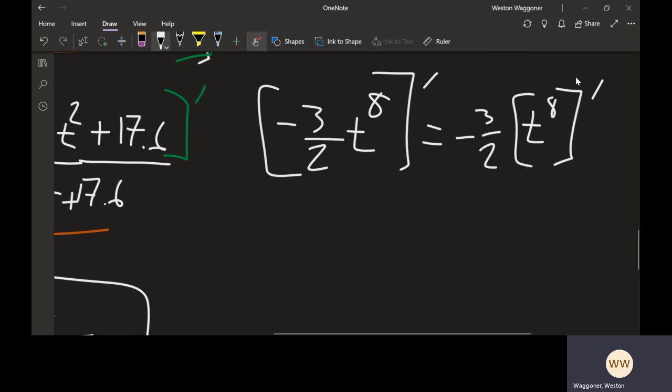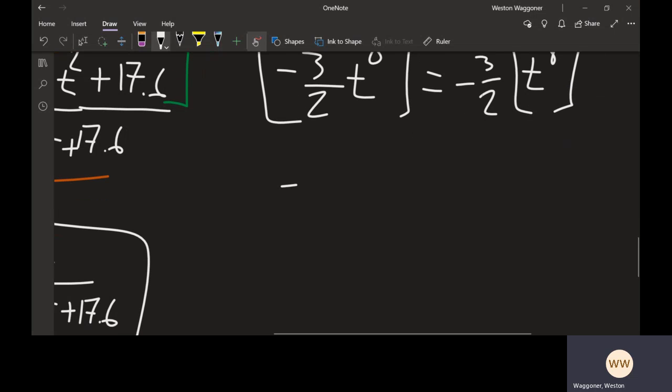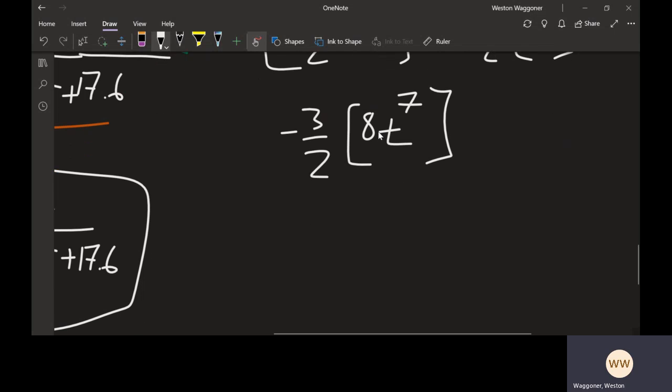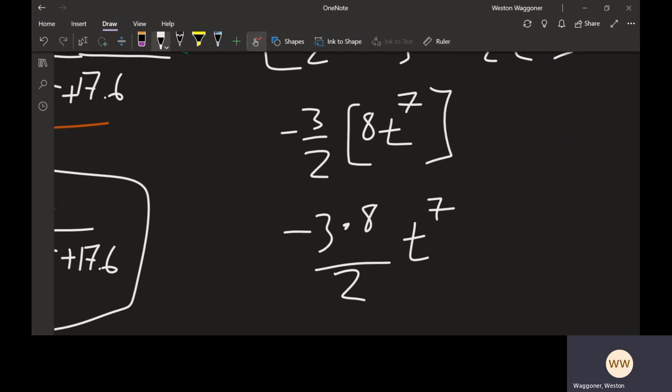So with this, what I was kind of saying, and maybe it wasn't clear, and I want to make sure that it is, I'm bringing that power of 8 down, and then I'm left with 7 on top, right? So what I was saying is that this is going to be kind of like 3 times 8 over 2 of t to the 7th. You know, this is all equal.